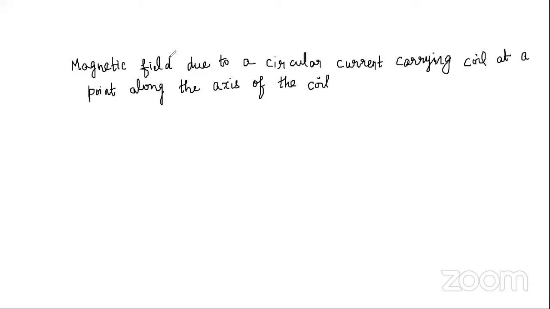For that, let me consider a circular loop, a circular current carrying coil like this. And I am having a point P here. The point P is at a distance x from the center.